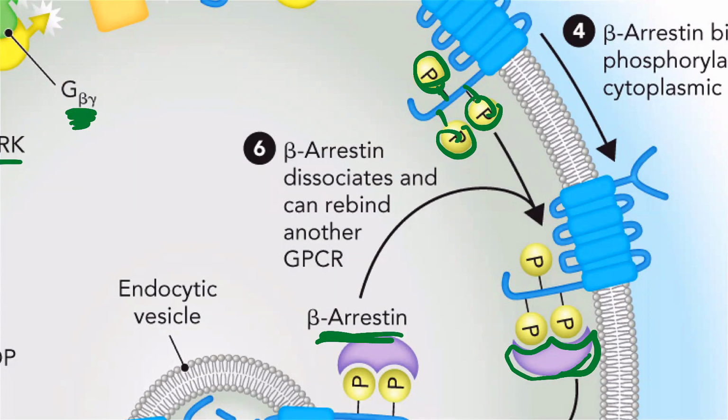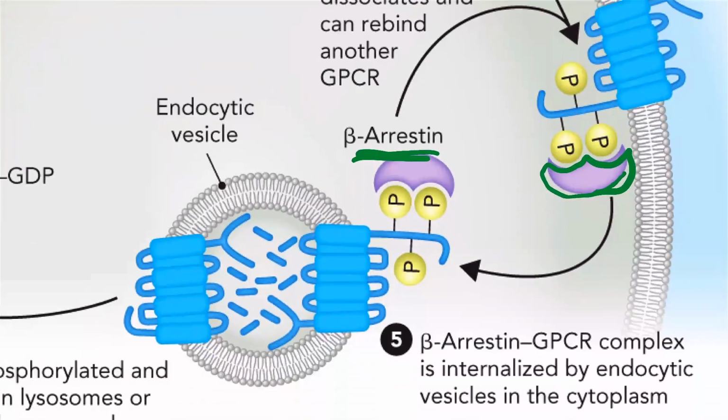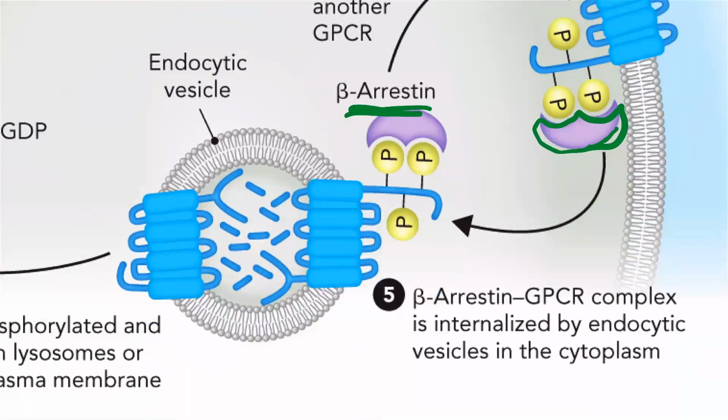So what is beta-arrestin going to do? It's going to prevent the receptor from reassociating and making that G alpha beta gamma complex. So 2 things can happen. Either the beta-arrestin GPCR complex can be internalized and put into a vesicle, and then beta-arrestin can go and bind to another G protein complex and go again.